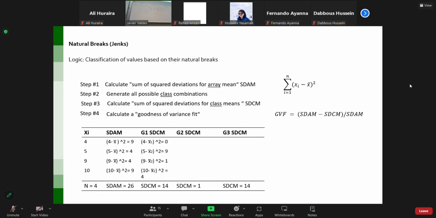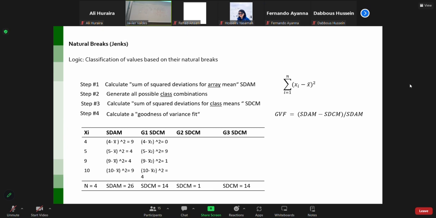When you have two groups, you have to calculate the mean for the first group, which is 4 and 5, so 4.5. And then for the next one, which is 9 and 10, it's going to be 9.5.